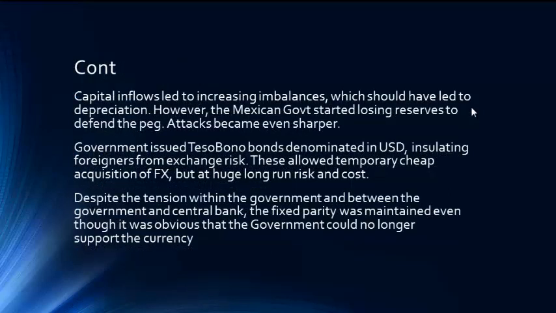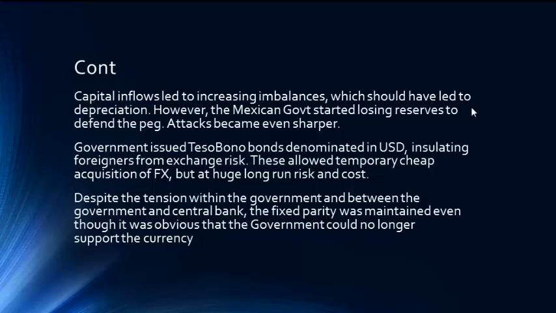So when the government started to acquire foreign loans, there were capital inflows, but basically the demand for dollars became high, and this should have led to depreciation, which should have solved the problem.